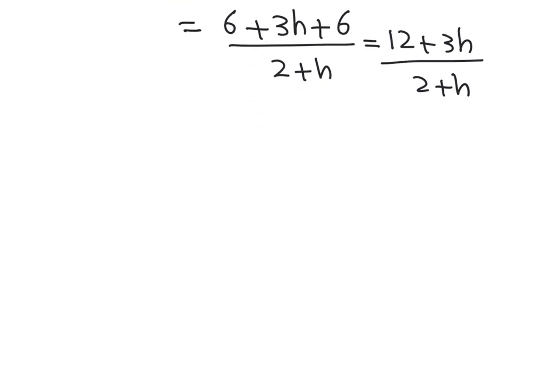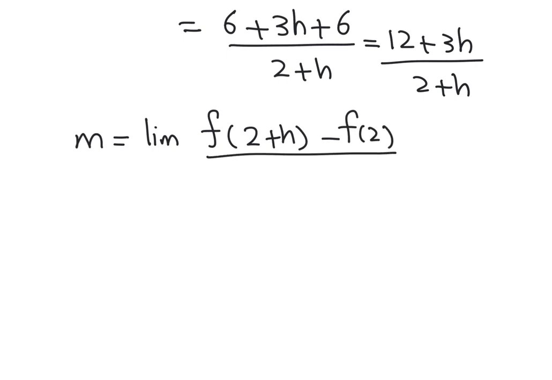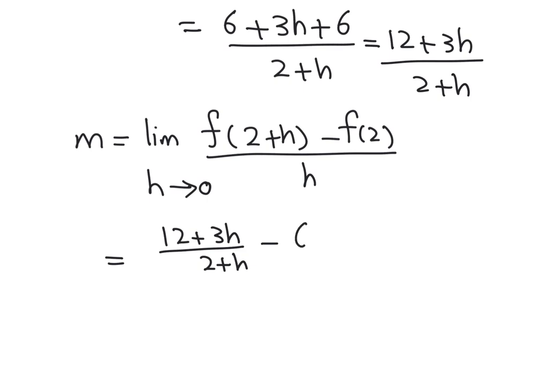Okay, let's apply the formula. A slope is the limit of f of 2 plus h minus f of 2 over h as h goes to 0. So equals 12 plus 3h over 2 plus h minus f of 2, which is 6, all over h as h goes to 0.